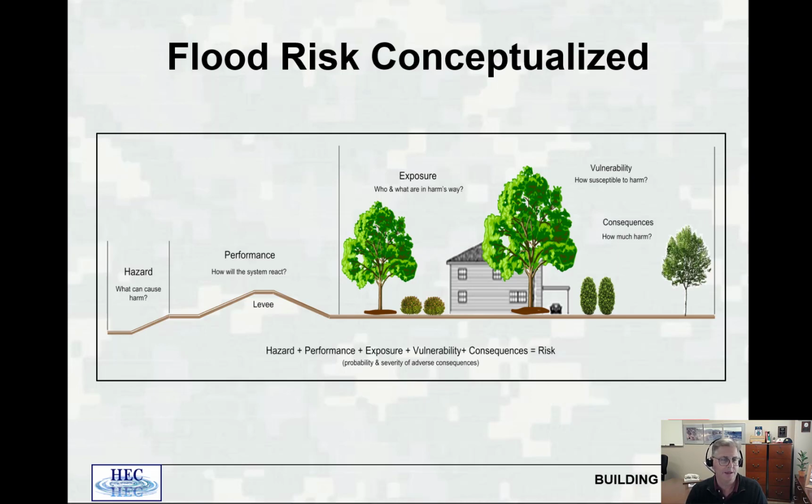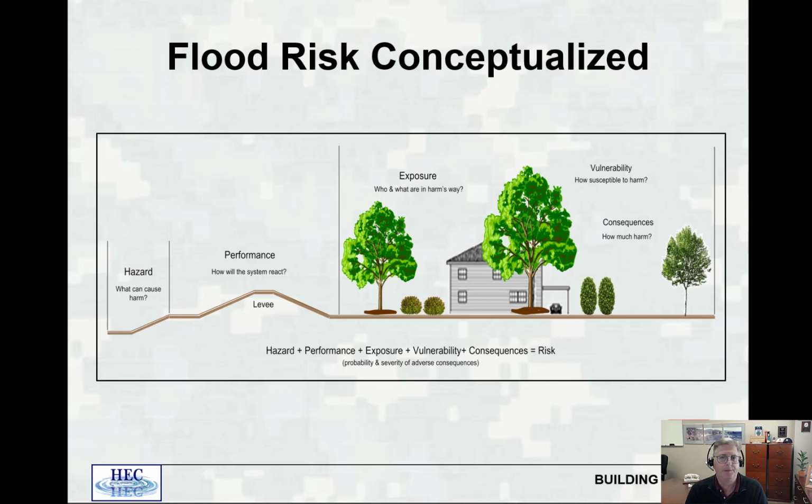A nice figure in the ER that helps you understand risk is the figure on flood risk conceptualized. It starts out on the left with a hazard. What can cause the harm? In the flood risk case, that's the flood, that's the water. Next is performance. How will the system react? Is it a strong levee that can support the flood, or is it a weakened levee that would perhaps fail prior to being overtopped? Exposure: who and what is in harm's way?